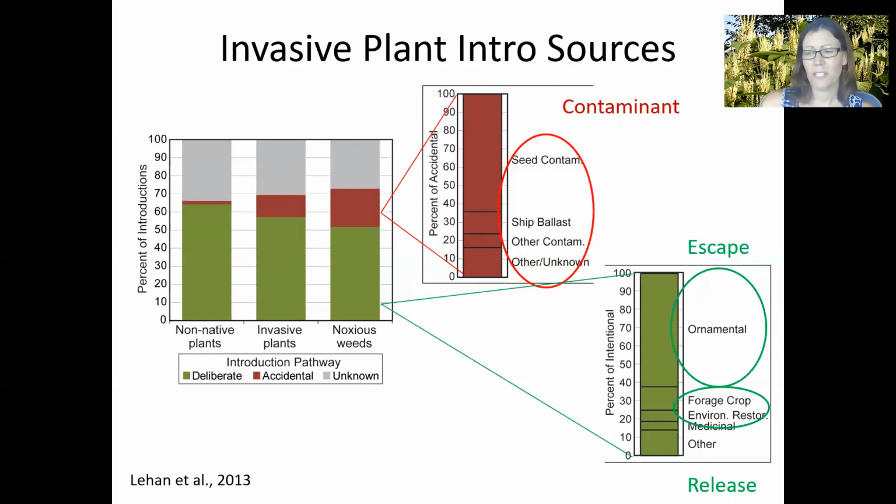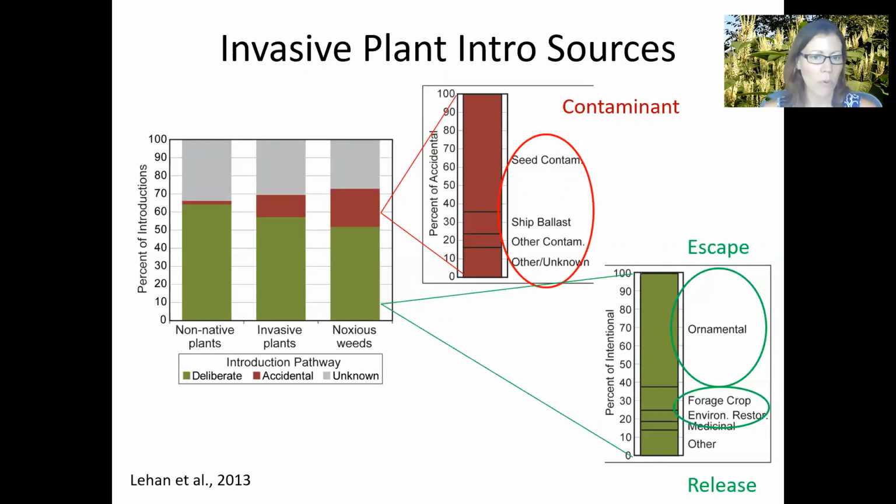For noxious weeds, this is kind of a weird category of species that are regulated within the US. So we have a set of species that tends to have more of a slant towards agriculture, and agricultural crops are a good pathway for introduction of weedy species through seed contaminants.